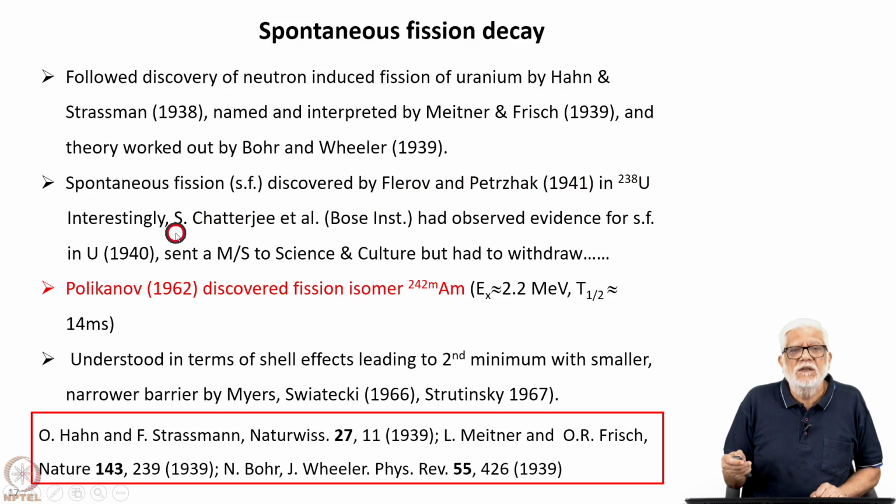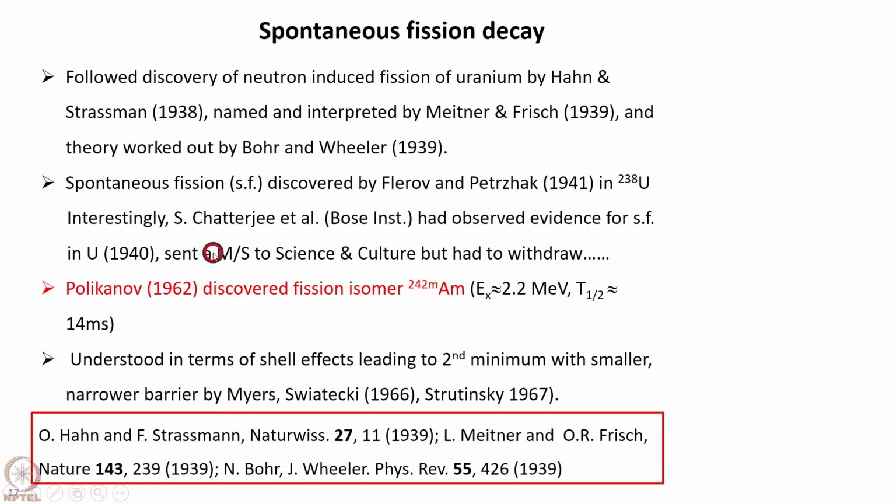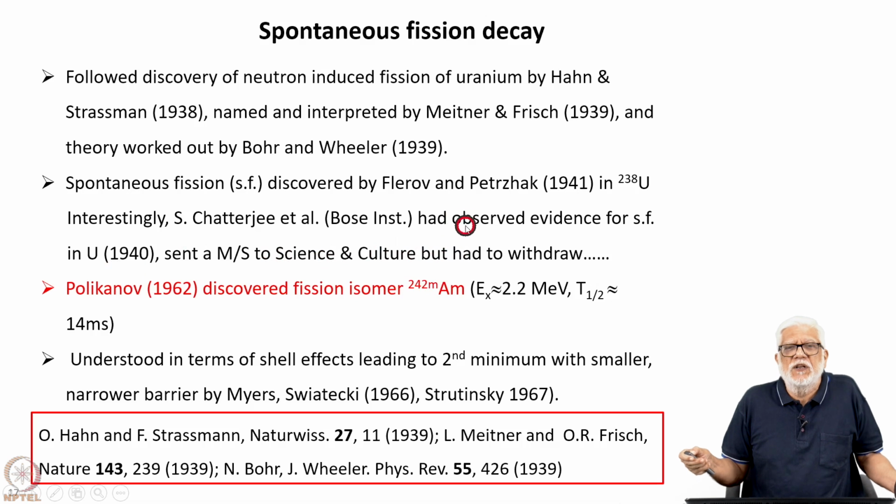Interestingly, S. Chatterjee and his colleagues in fact had observed evidence in the Bose Institute by exposing emulsions and plastic detectors to uranium, and they sent a manuscript to Science and Culture, but the editor, who was actually the director of this institute, thought that they needed more hard evidence before such a very surprising discovery could be published, and so that got delayed.